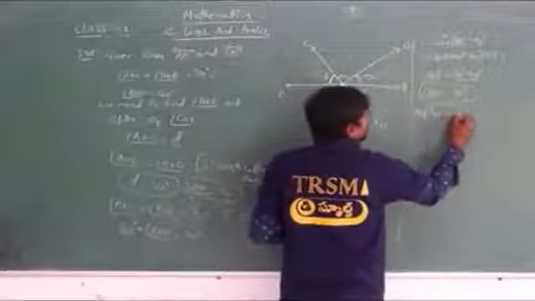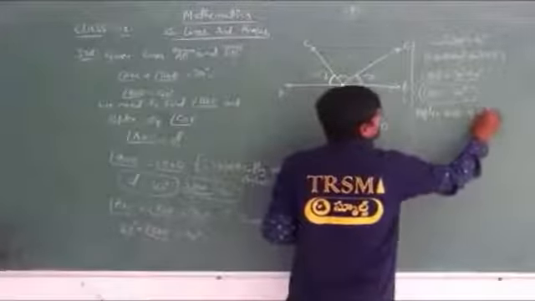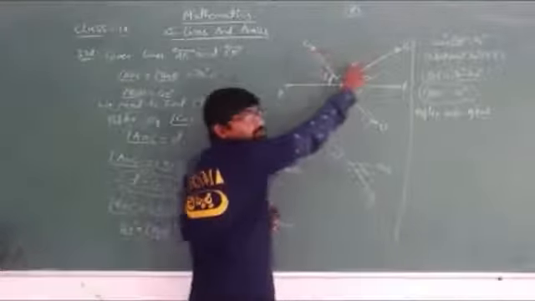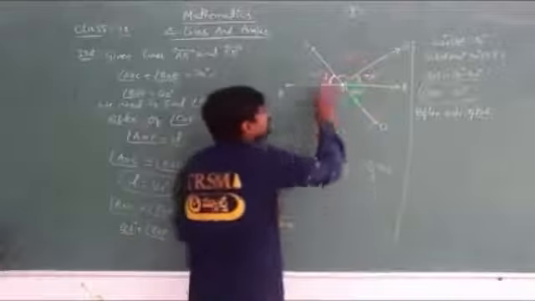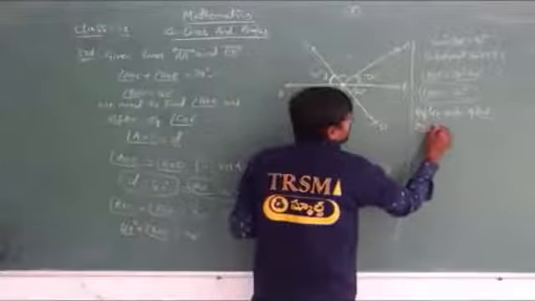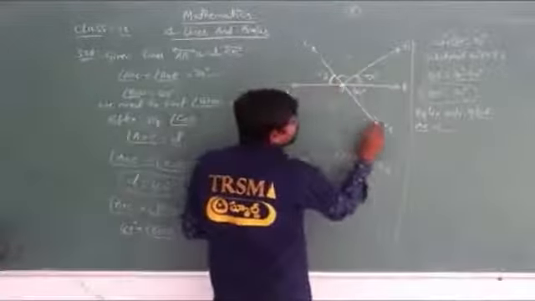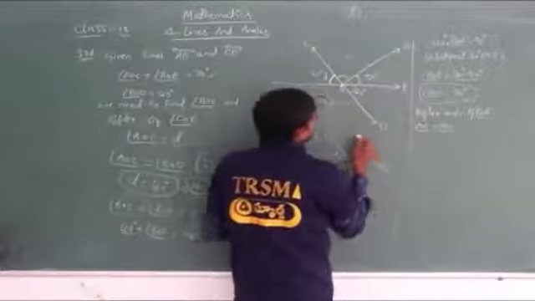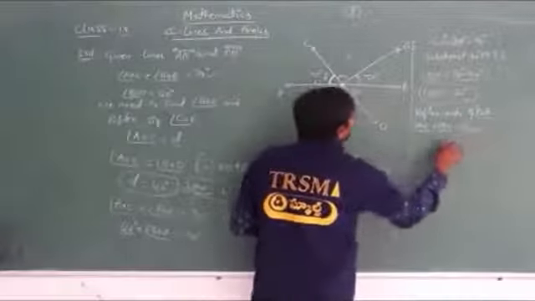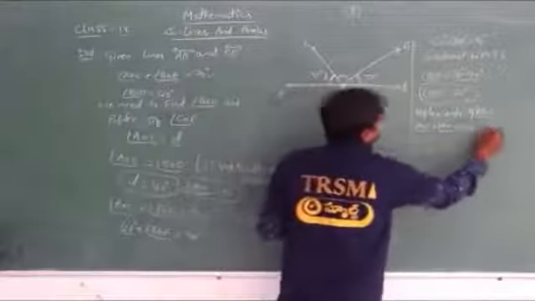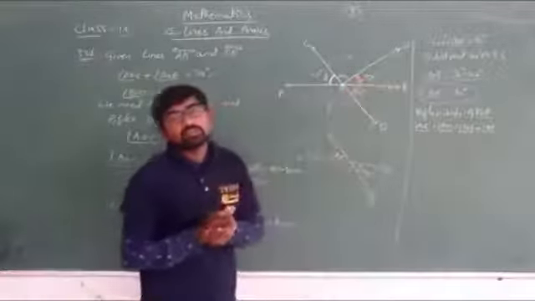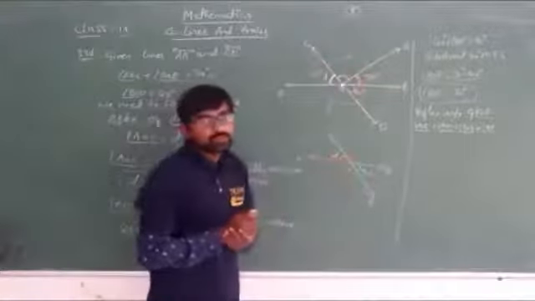Adding all these angles except this interior one, we will be adding the exterior angle, more than 180 degrees. So angle AOC plus angle AOD plus DOB plus angle BOE. On adding these four angles, we will be getting the reflex angle of COE.